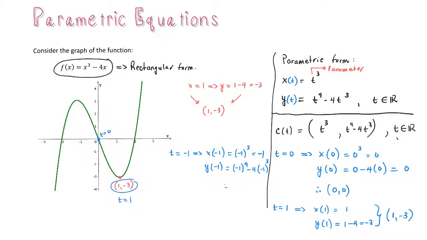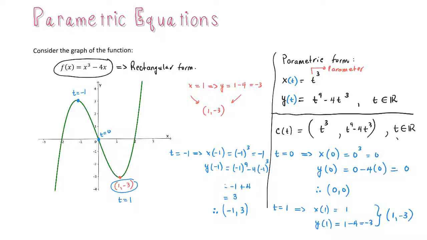That will give us, very nicely, negative 1, then over here plus 4, that is going to be 3. So the point that corresponds to t equals negative 1 will be negative 1 comma 3. And this is exactly this point right here, negative 1 comma 3, and that happens when t is equal to negative 1.